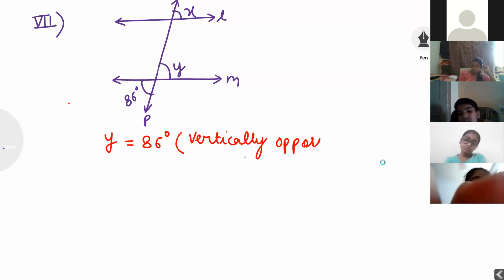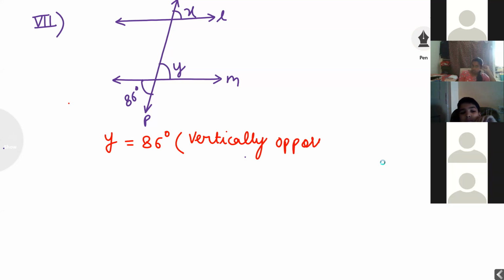Now how to find X? You are observing, students, here 2-7 shape angle. F shape or 7 shape angle means corresponding angle. I will write here X is equal to Y is equal to 86 degree. Y corresponding angle.